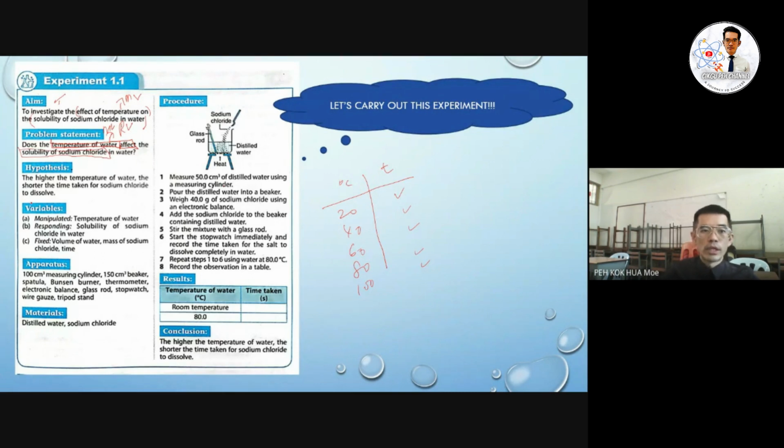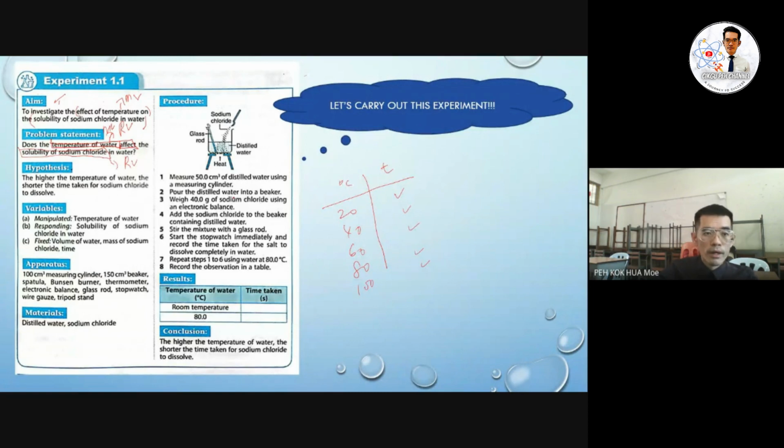So you need to memorize how to write your problem statement. The question will be: does the MV affect the RV? This is the way you write the problem statement if the question asks you to do so.